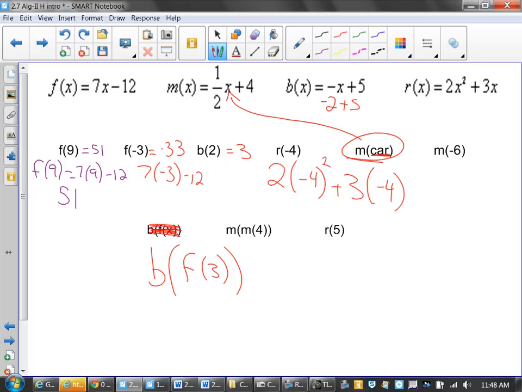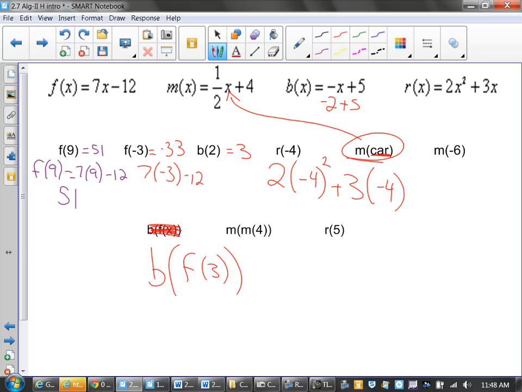It forces you to do order of operations here. When you're working with parentheses, go to the innermost parentheses and work your way out. The innermost parentheses in this problem deals with F of 3.